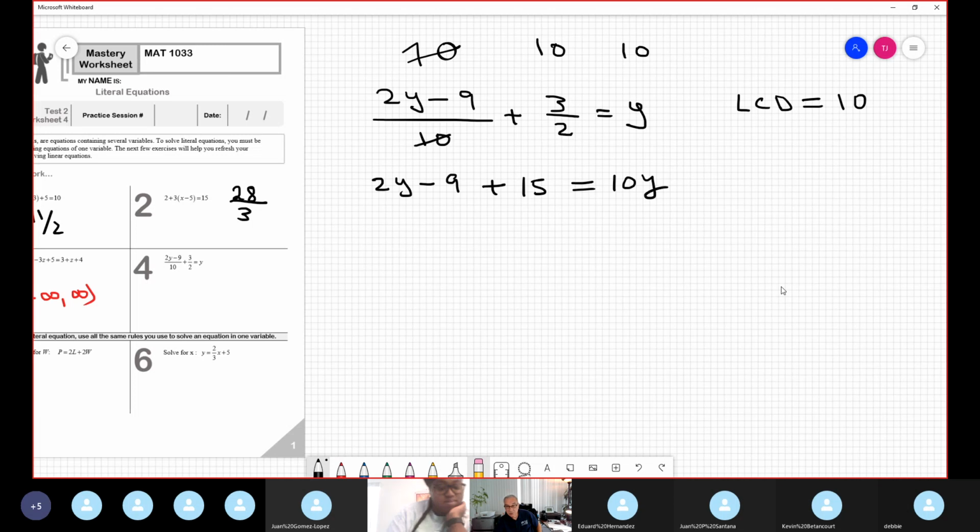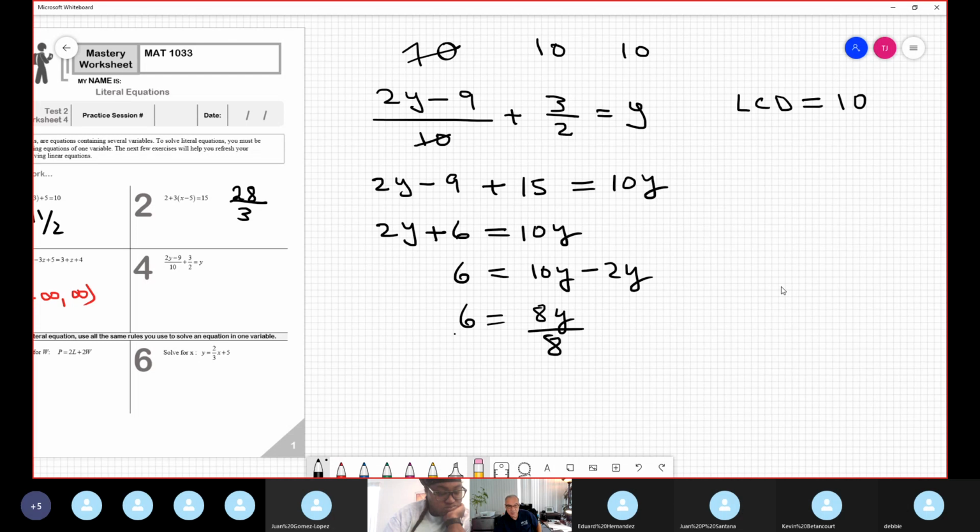We have a new equation without fractions. We combine like terms: 2y plus 6, 15 minus 9, equal 10y. Well, I suppose the best way is to move 2y to the right-hand side. So 10y minus 2y. 6 is equal 8y.